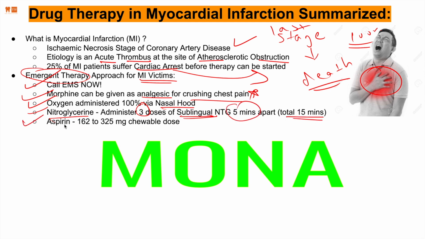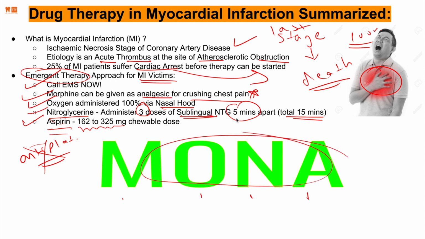And then aspirin is given, 162 to 325 milligrams, that we talked about as antiplatelets, so that the clot, which is the thrombus at the site of the atherosclerotic obstruction, can be reduced. Okay. Remember MONA: morphine, oxygen, nitroglycerin, aspirin.